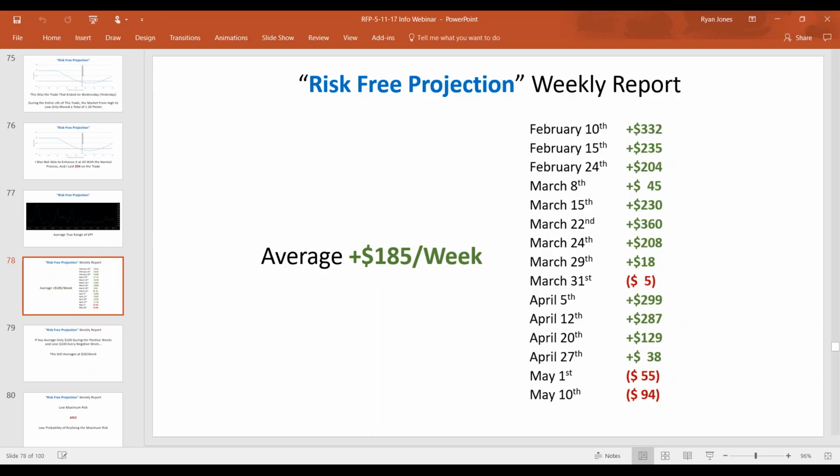And this average, even with the last couple of weeks not doing hardly anything, the average is at $185 a week. All right. So again, this is why I say you can't guarantee anything, because who knows?